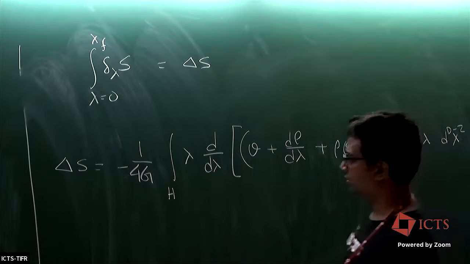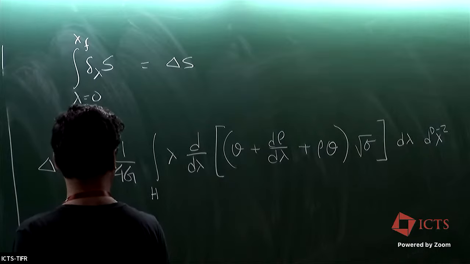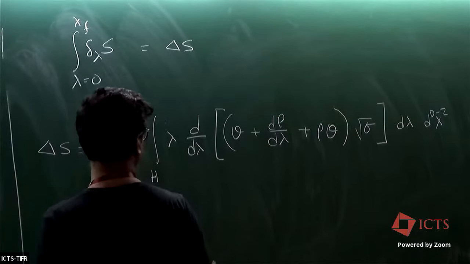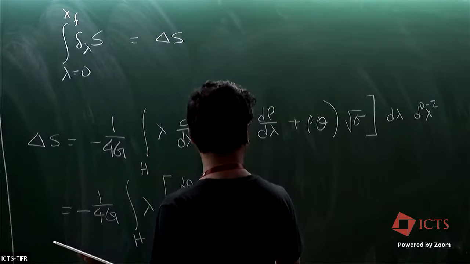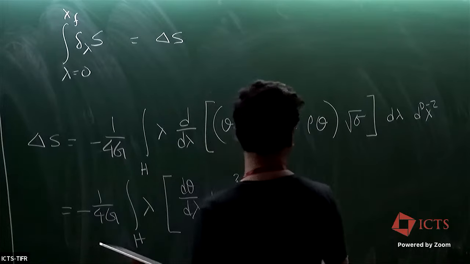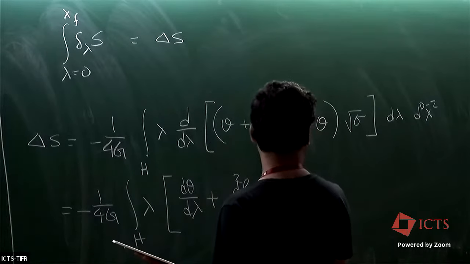I will have minus 1/4g integral h lambda of d theta d lambda plus d2 rho d lambda 2 plus rho d theta d lambda plus theta d lambda d rho d lambda.